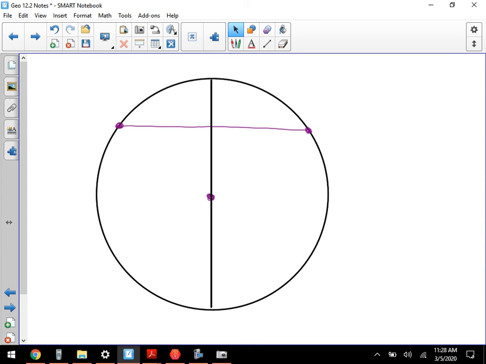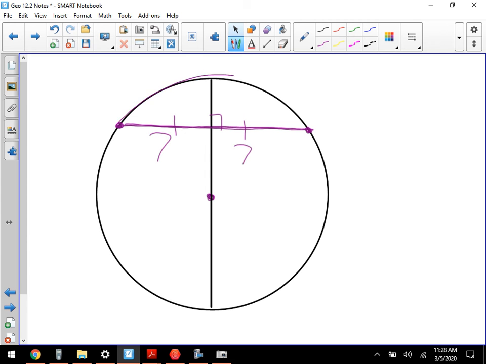Now, if it cuts it in half, what do you think it does to this if it's a diameter? Well, it has to be perpendicular, correct. It'll be perpendicular, and it cuts it in half. So if a diameter is perpendicular to a chord, it bisects it. Okay. So if this is 7, what's that side? 7.